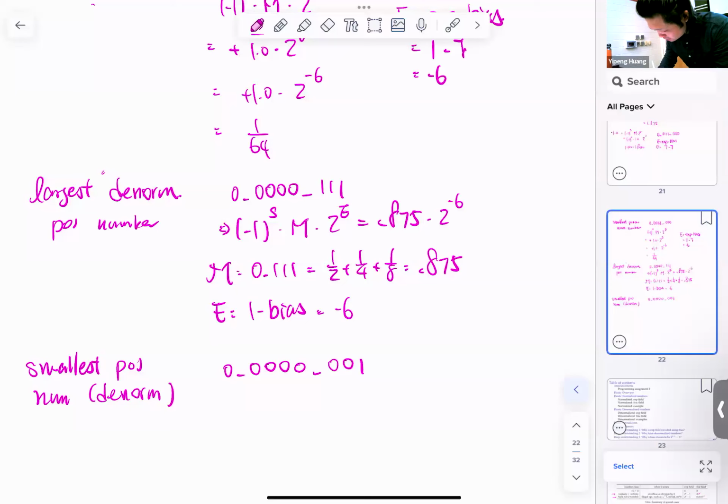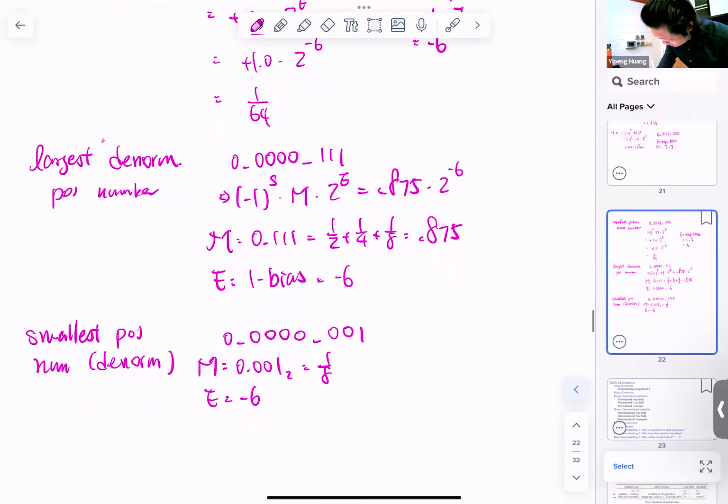I could jump to some conclusions pretty quickly that this is going to be 0.001. That's a binary number. The m is going to be that. This is just 1/8. And I already know what e is going to be. That's minus 6. So the number here is going to be 0.125 times 2 to the minus 6.